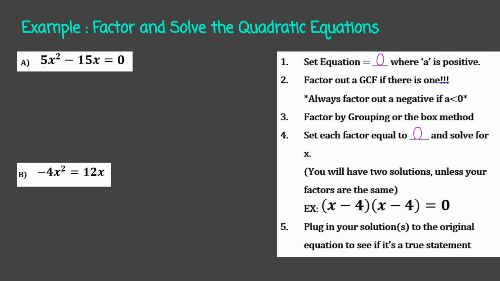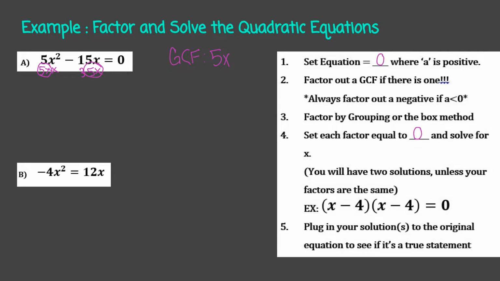If I write this in expanded form, this would be 5 times x times x. 15x breaks down into 3 times 5 times x. So you can see that they have a 5x in common. So 5x is our GCF.